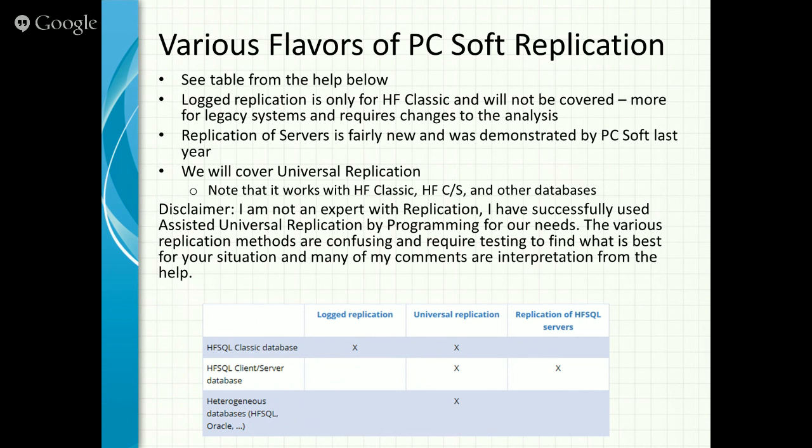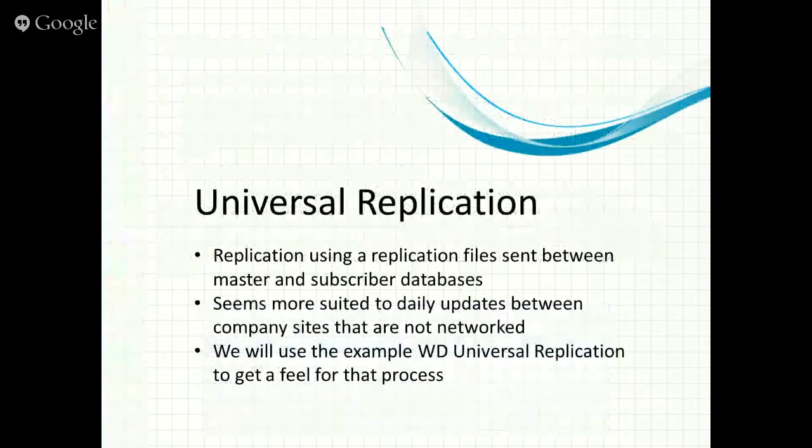So what we're going to look at is the universal replication, and that, interestingly, will also work with other what they call heterogeneous databases. I'm not sure which ones those are. They mention Oracle, but I'm only working with the HyperFile part. So universal replication has several flavors.